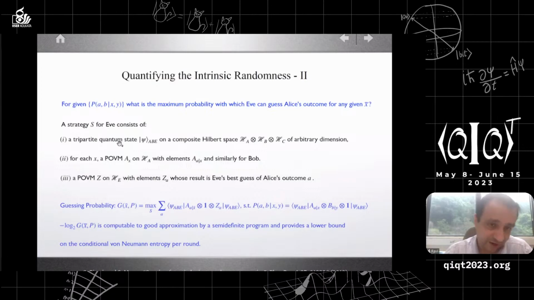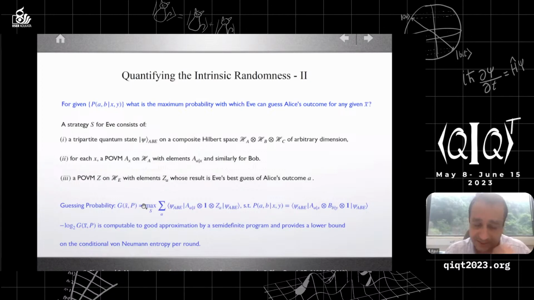So there's a tripartite quantum state of Alice, Bob, and eavesdropper on some composite Hilbert space of arbitrary dimensions. We do not know anything about the state. We have some POVM that Alice measures on her system, and similarly Bob measures some POVM, and similarly the eavesdropper measures a POVM on her system to try to guess Alice's outcome.